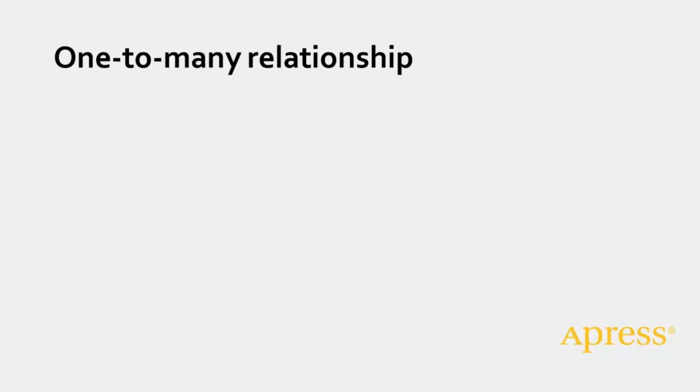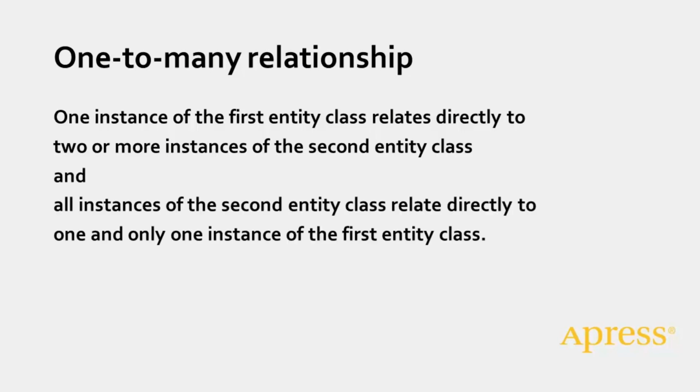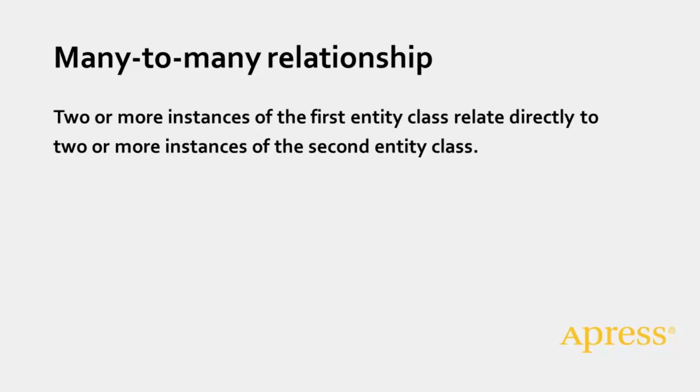In a one-to-many relationship, one instance of the first entity class relates directly to two or more instances of the second entity class, and all instances of the second entity class relate directly to one and only one instance of the first entity class. In a many-to-many relationship, two or more instances of the first entity class relate to two or more instances of the second entity class.